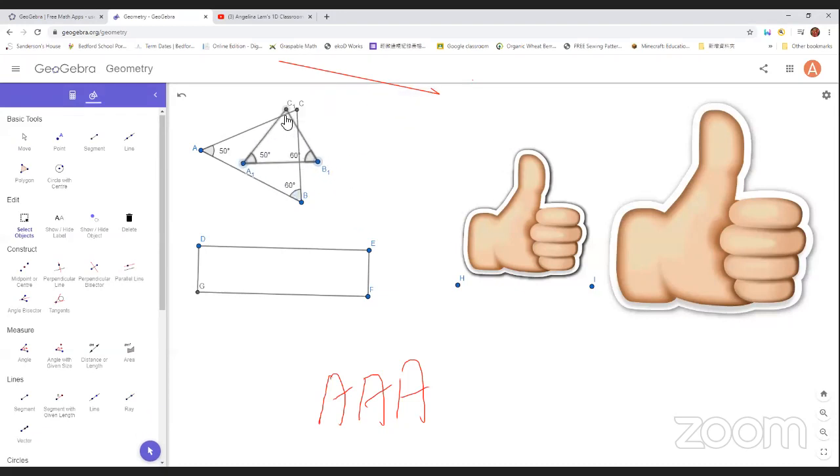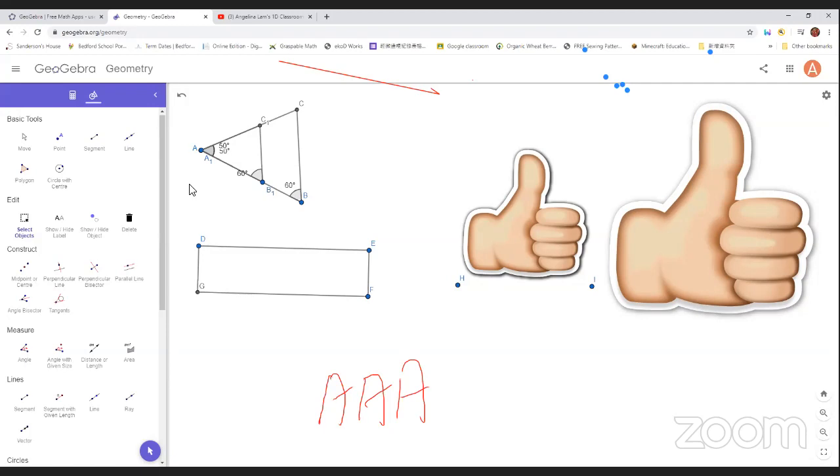Now, if I try to move this triangle, and then if I put these 2 points together, and then if I try to rotate it, then you can see that the angles overlap with each other, right? Therefore, it means the angles are the same here. Both of them are 50 degrees.